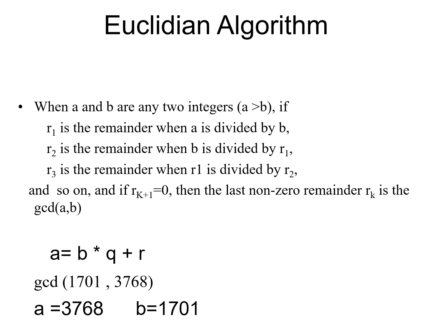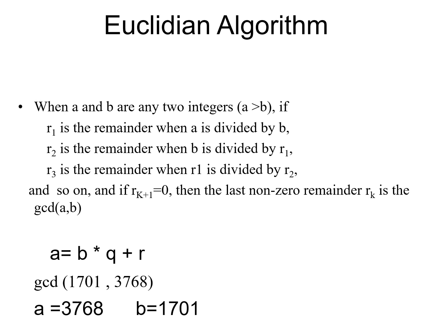For example, if you are asked to find the GCD of 1701 and 3768, then the largest among these two integers should be taken as a. So a can be taken as 3768 and b can be taken as 1701. Now we can see how to express these numbers in the above format.